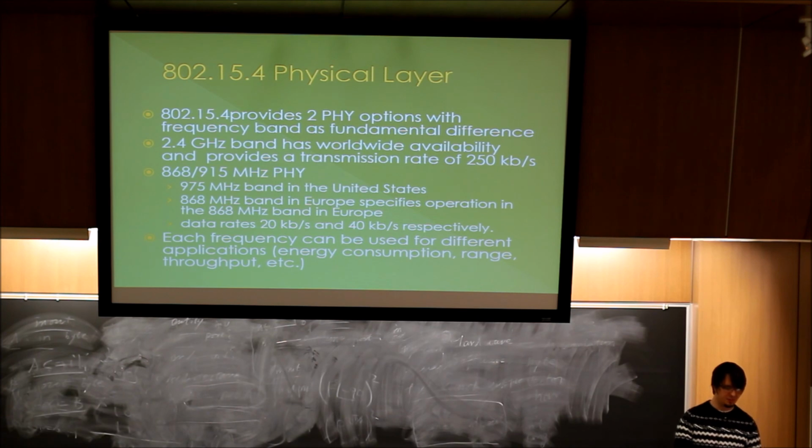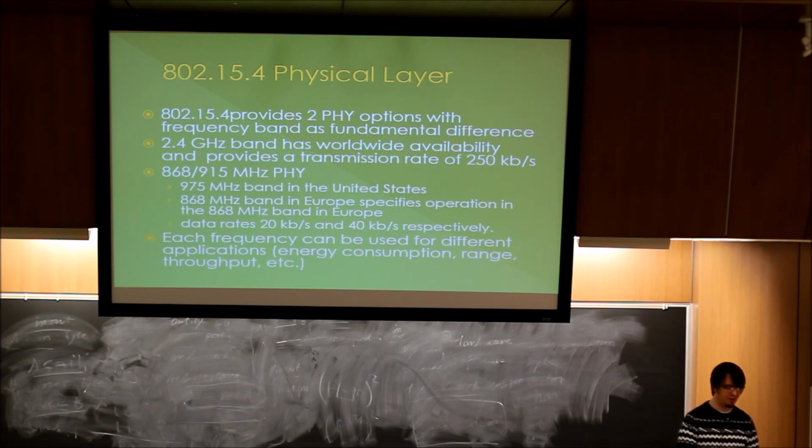So the physical layer, as we discussed earlier, has 2 different frequency bands you can choose from. 2.4 gigahertz is what we're going to be using for these labs. It's available worldwide, has a higher data transfer rate, but a little more power consumption.